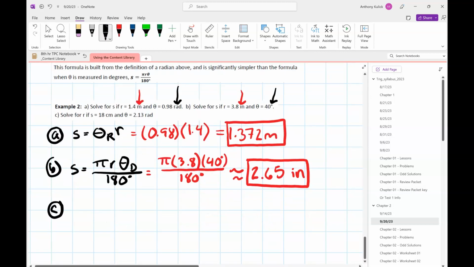Next one says solve for R if S is 18 centimeters and theta is 2.13 radians. First thing I do is check to see how the angle is measured. In this case, it's in radians. Stick with my color coding.